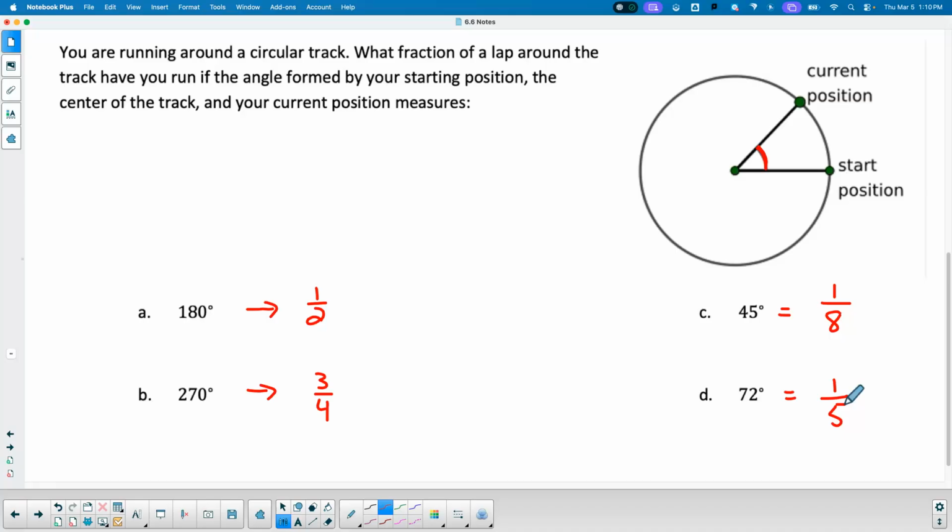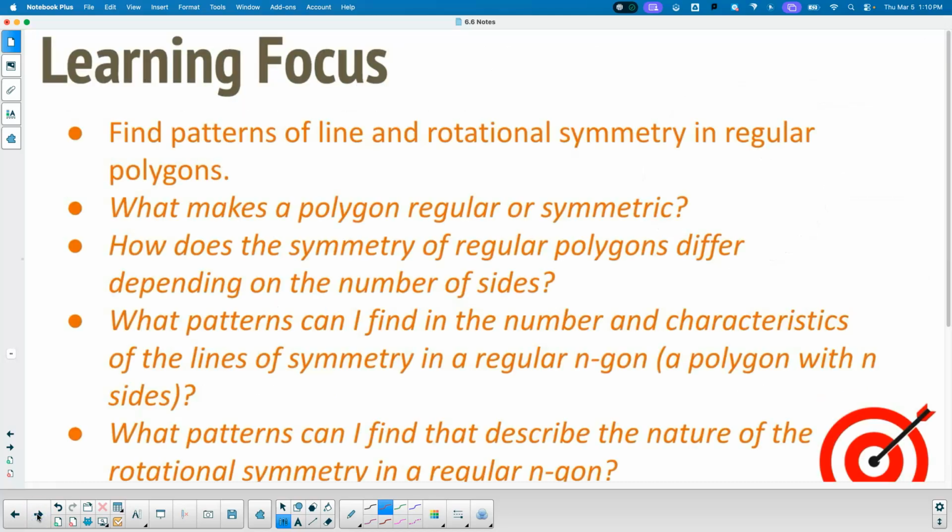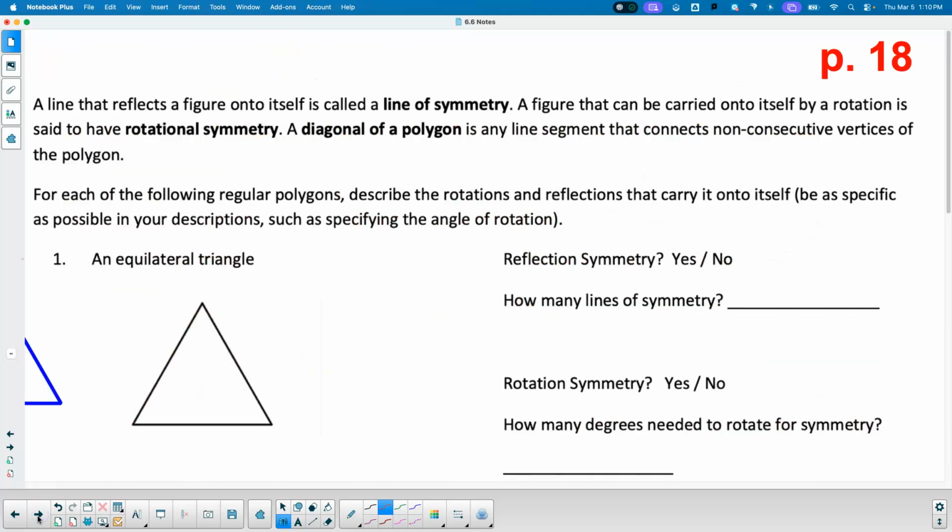Let's talk about regular polygons. Okay? So a regular polygon is a polygon, so that's a closed figure. A regular polygon has equal sides and equal angles.